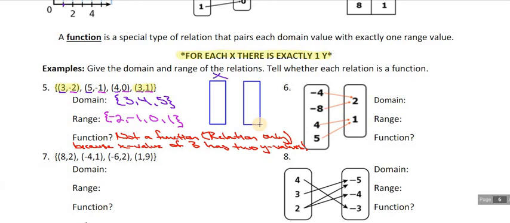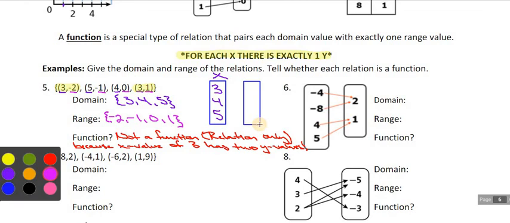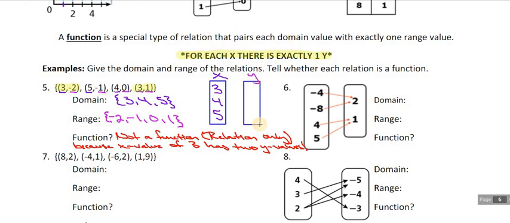X is the first one. We're going to go right in order, 3, 4, 5. Y is my second rectangle or oval or whatever your shape will turn out to be. Again, those go in order, smallest to largest, so -2, -1, 0, and 1.